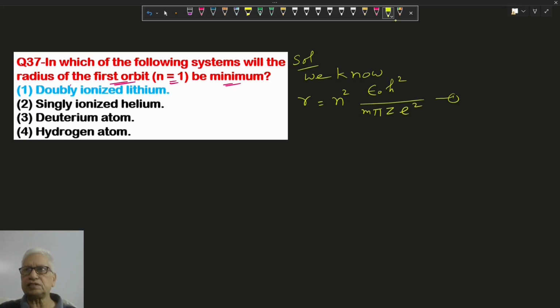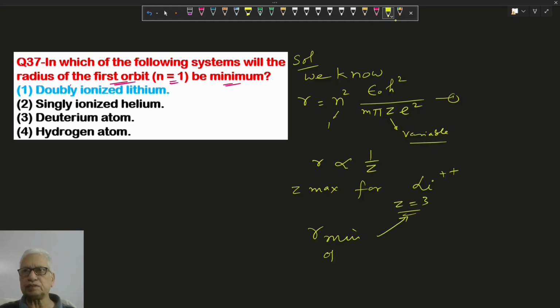If everything is constant, n is equal to 1, and h, m, pi are constant other than z, which is variable, then r is inversely proportional to z. Out of 4 options, z is maximum for lithium. Z for lithium is 3, which means r should be minimum for lithium, so option 1 is correct.